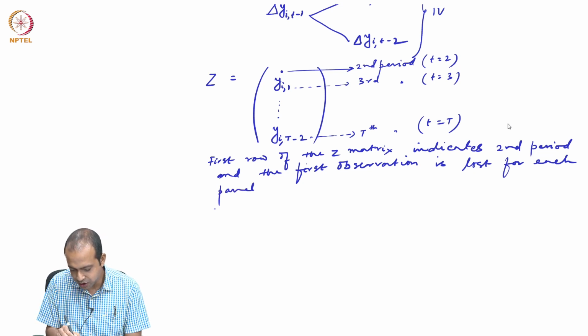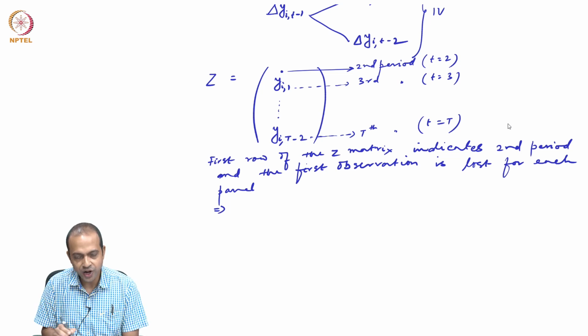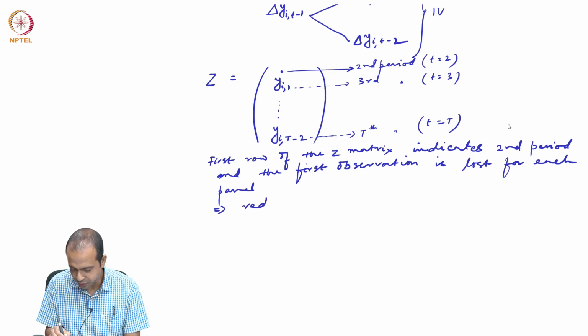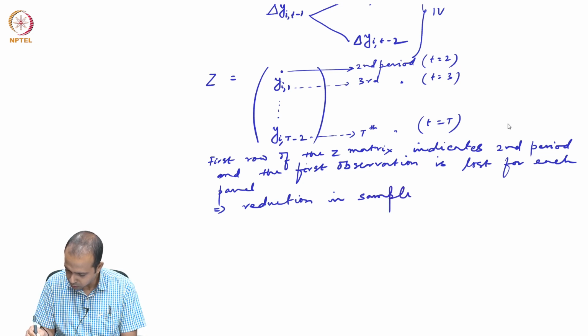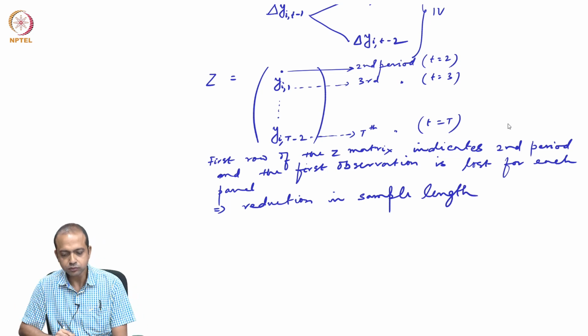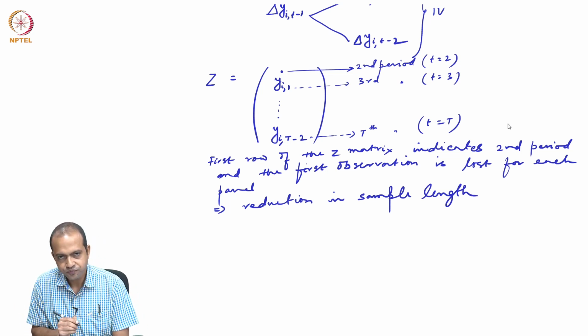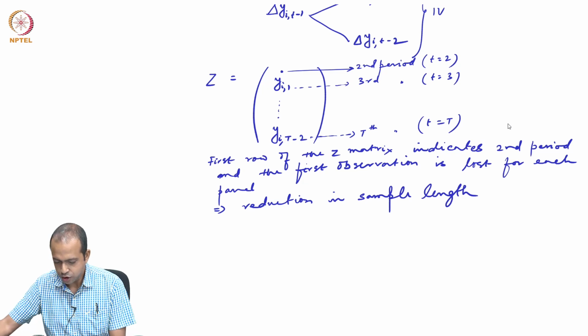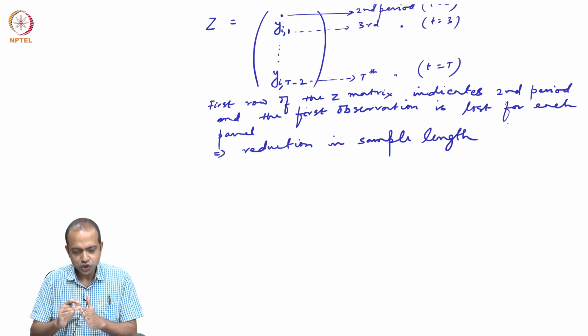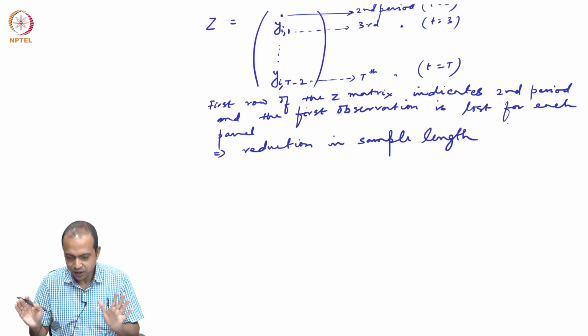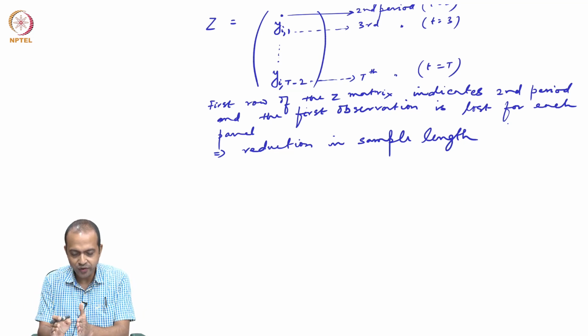This implies a reduction in sample length. The first observation is lost for each panel when your Z matrix is like this.